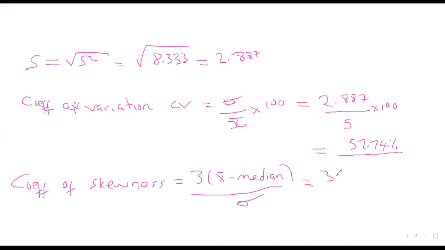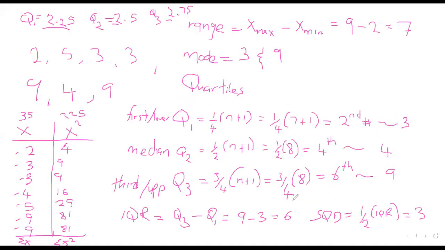So this is 3. Our mean is 5, our standard deviation is 2.887. Our median was the second quartile. What was our median? We found 4, right?